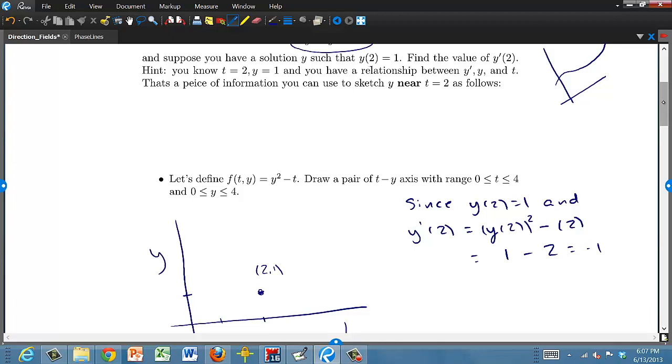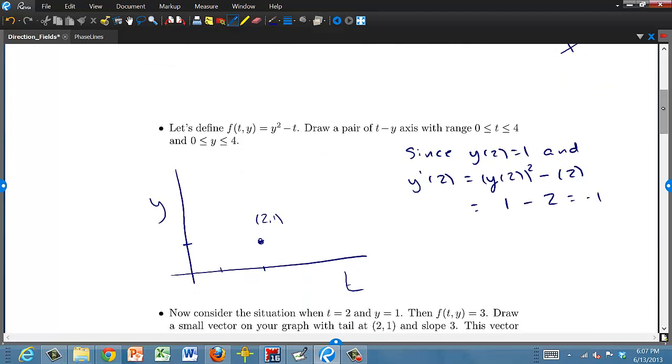So what's this mean? That means that if you have any solution passing through the point 2, 1, then it must have slope negative 1 at that point. So we could draw roughly a graph of the solution in that little neighborhood, right around the point 2, 1, our solution must be headed down with a slope negative 1 right there.